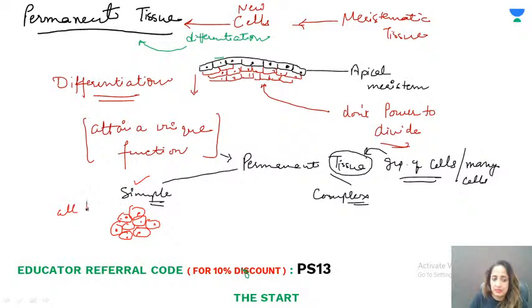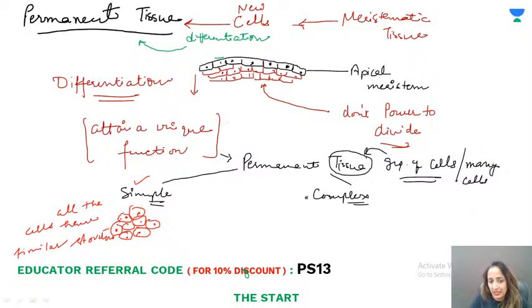All the cells have similar structure. They all almost look the same.